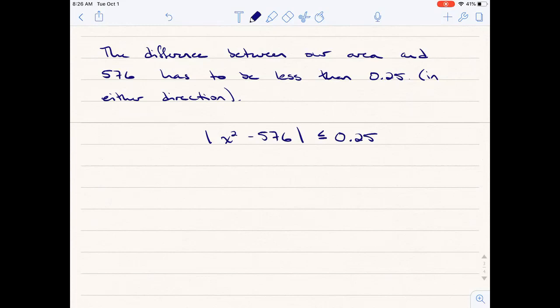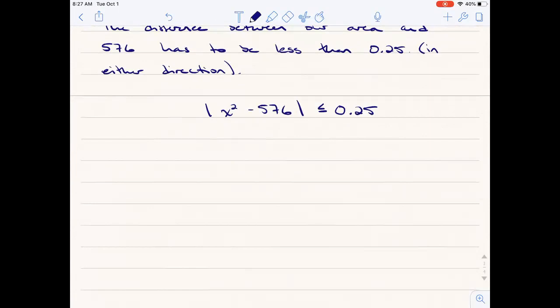And so to drop the absolute value, you write it in an interval like this: from negative 0.25, x squared minus 576 is less than 0.25.